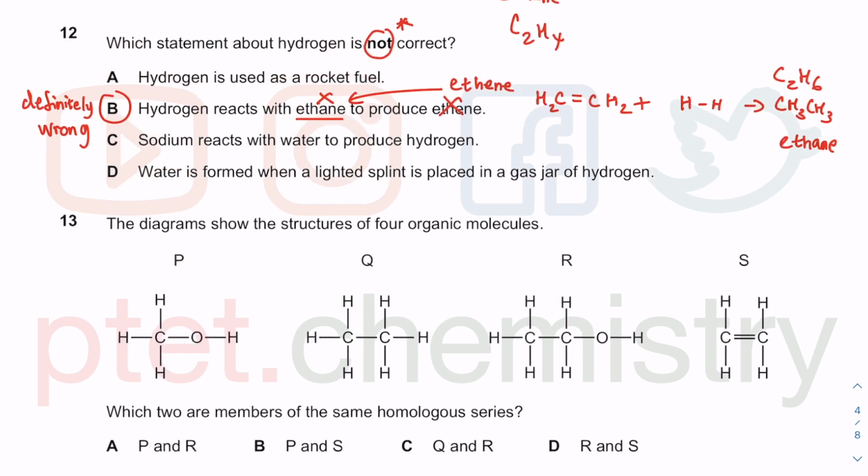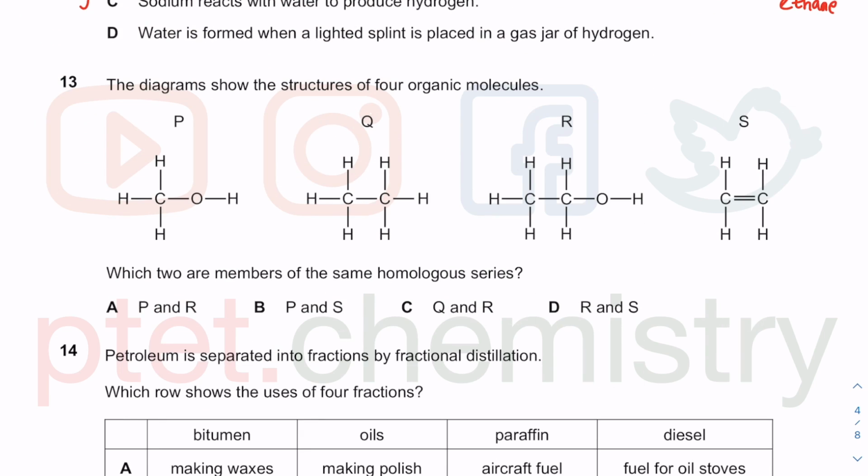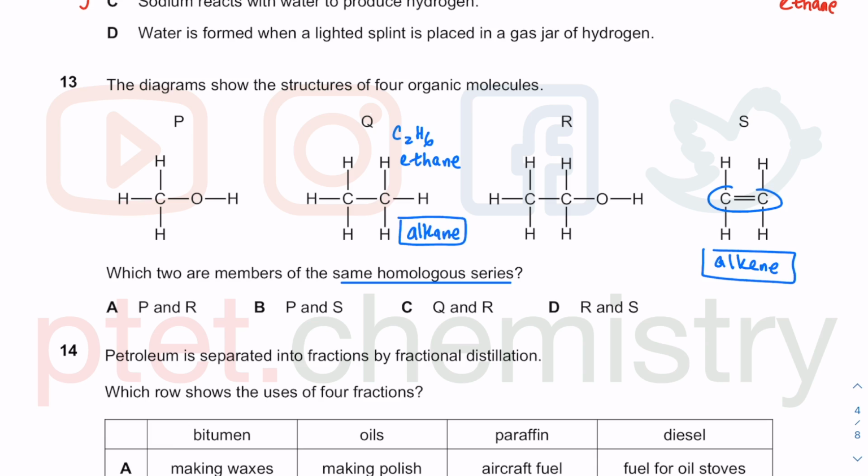Number 13. The diagram shows the structures of 4 organic molecules. Which ones are members of the same homologous series? We can see that this one is C2H6. This one is ethane, so alkane is the homologous series there. We have alkene, which has the carbon-carbon double bond, with the general formula CnH2n, C2H4.